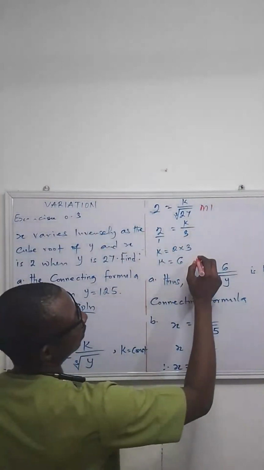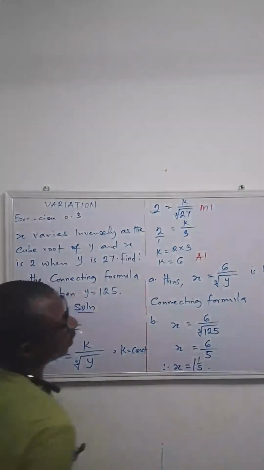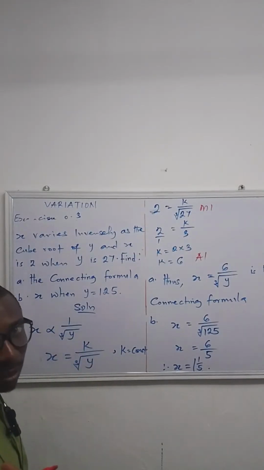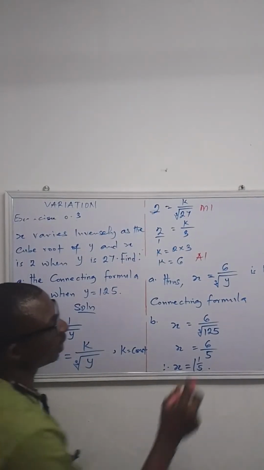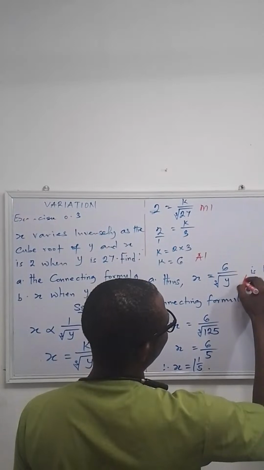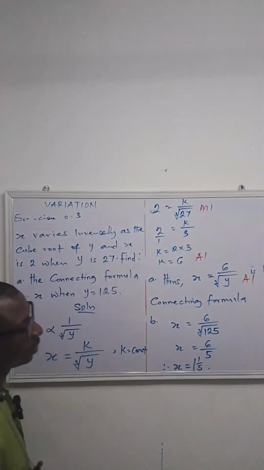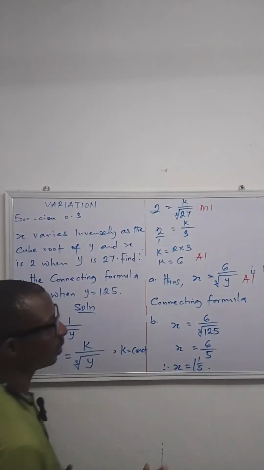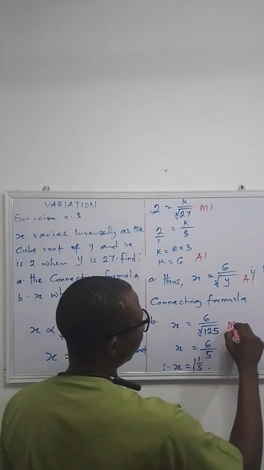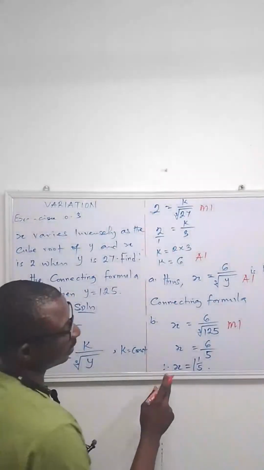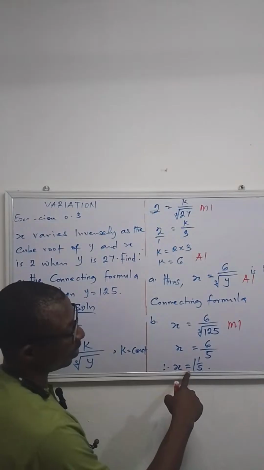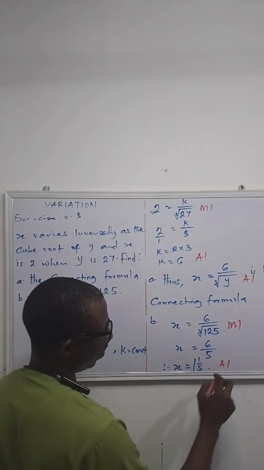For getting the constant, we have A1. For finding the connecting formula, there will be an accuracy mark. For plugging in 125 into the connecting formula, we have M1, and for getting the value of x to be one whole number 1 over 5, we have an accuracy mark of 1.